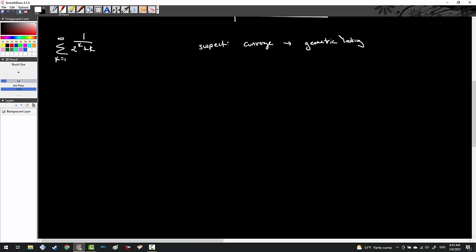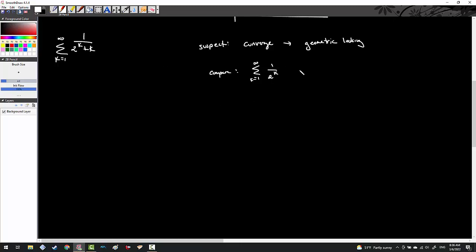So now I'm going to create a geometric series that is very similar to this that I can use to directly compare it to. Let's compare this to, again, I always choose as close in line with what I have as possible, something more simple than this. I'm going to call it the sum from k equals 1 to infinity of 1 over 2 to the k, without that plus k on the inside.